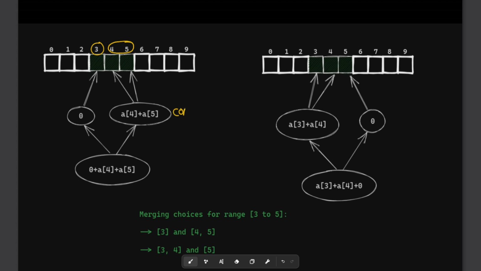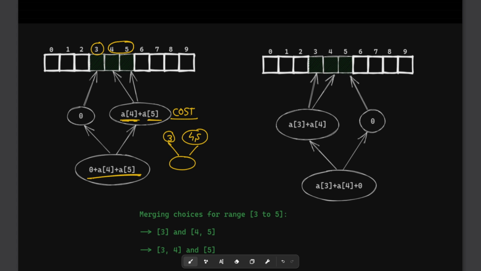This will take the cost of sum of A4 and A5, and after they are merged into single, they will form a structure like this. 4 and 5 are merged, and now to merge them we will find out the total cost, which will be the sum of the nodes or the array that we are combining.